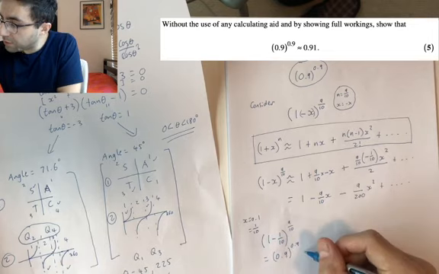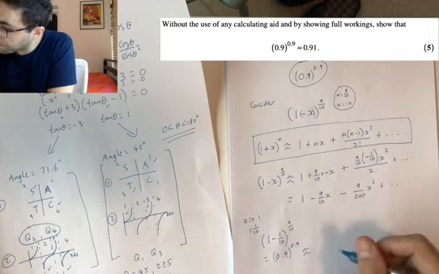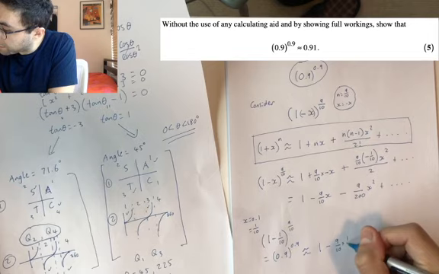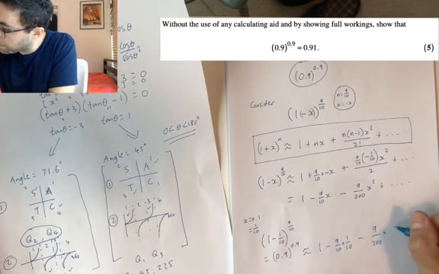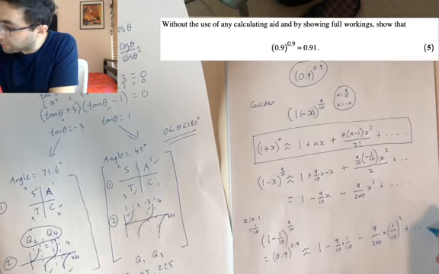And so now we're saying that's roughly equal to putting the same stuff in on the right-hand side, 1 minus 9/10 times a tenth minus 9 over 200 times 1/10 squared plus the rest of the stuff.